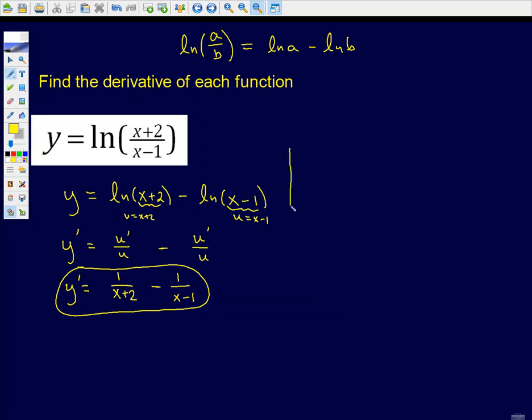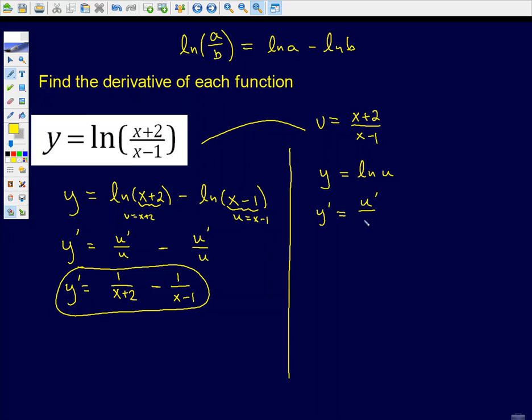Now, just for a minute, if you have a minute, let's point out the alternative to what I did here. This was actually not too bad if I expanded the log using this logarithm property. If I don't do that, watch what's going to happen. Maybe you just start with this and let u equal the fraction x plus 2 over x minus 1. And so your main thing to differentiate is the natural log of u, and your derivative is u prime over u.